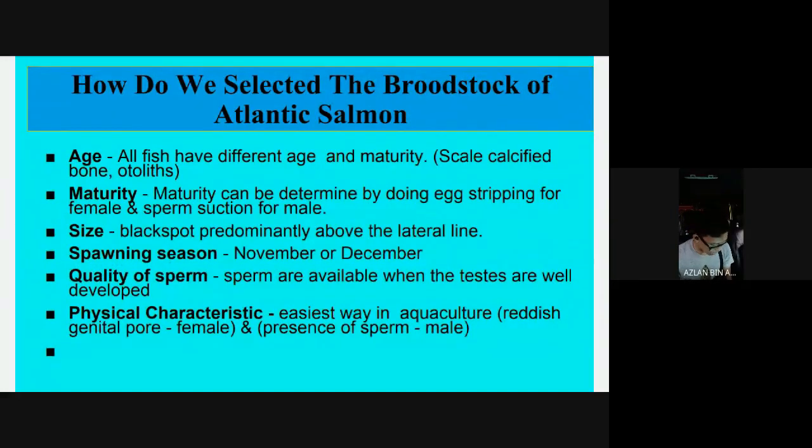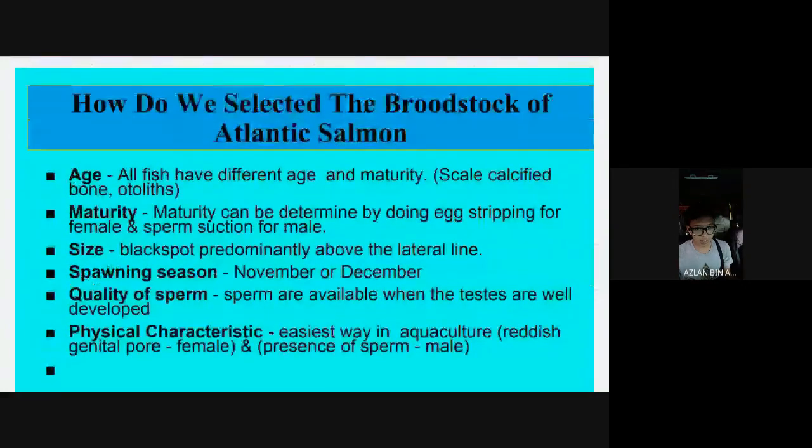Okay, and the last one is physical characteristics. This is the easiest way to choose the broodstock for breeding, and we can see by looking at the genital pore for the female. The genital pore is reddish in color, and for the male, there is presence of sperm. When we do the suction, the sperm can be sucked out.